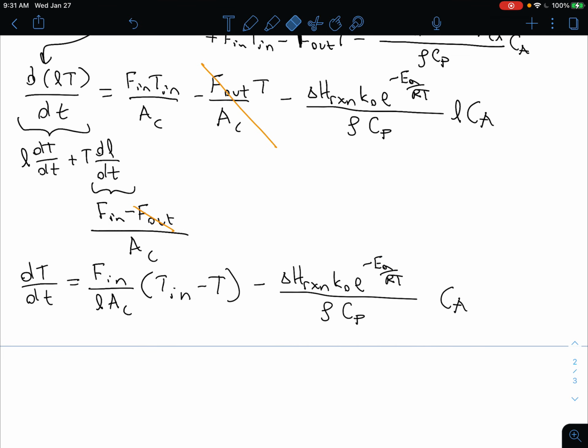Since I divided through by L, I removed that. So now this is an equation for dL dt.